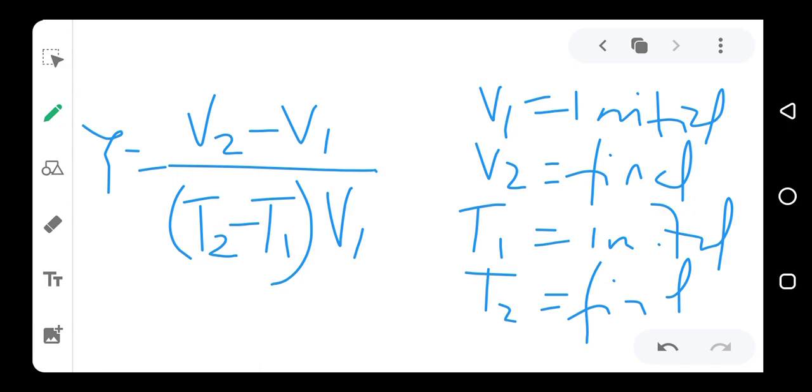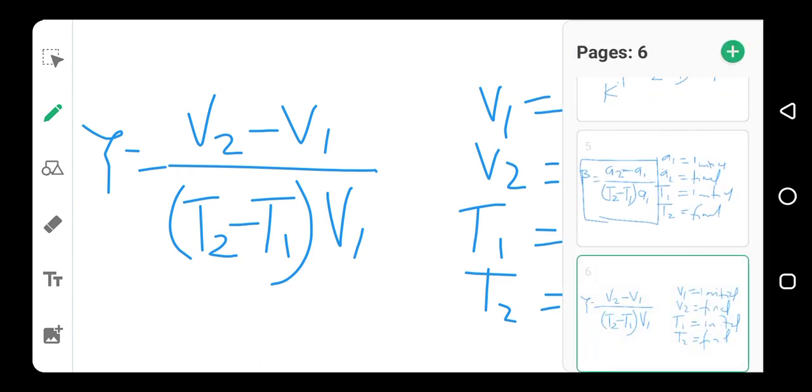So these are the formulas for linear expansivity, area expansivity, and cubic expansivity. Now this expansivity, we see it every day in everyday life. The effects of it are seen in electrical transmission.